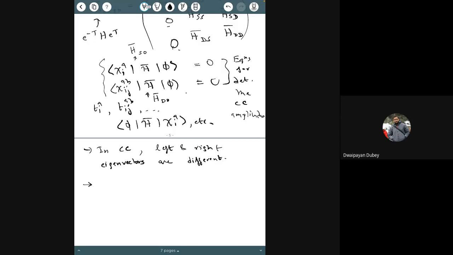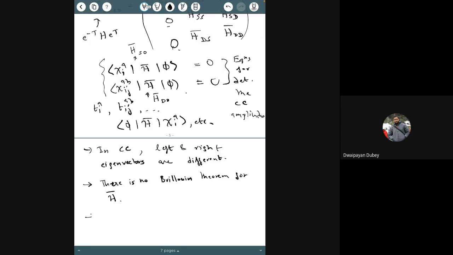And the other thing that I wanted to point out was there is no Brillouin theorem for H bar.